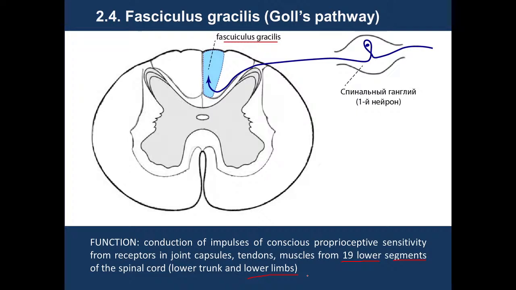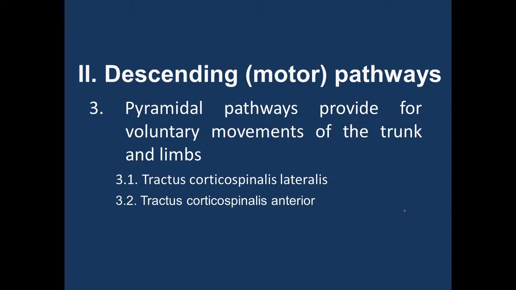So the function is the same. They conduct impulses of conscious proprioceptive sensitivity. We feel sometimes how our muscles vibrate, how heavy the things we hold in our arms are, heavy or light, for example. That is information from muscles, and this information may be conscious or unconscious.